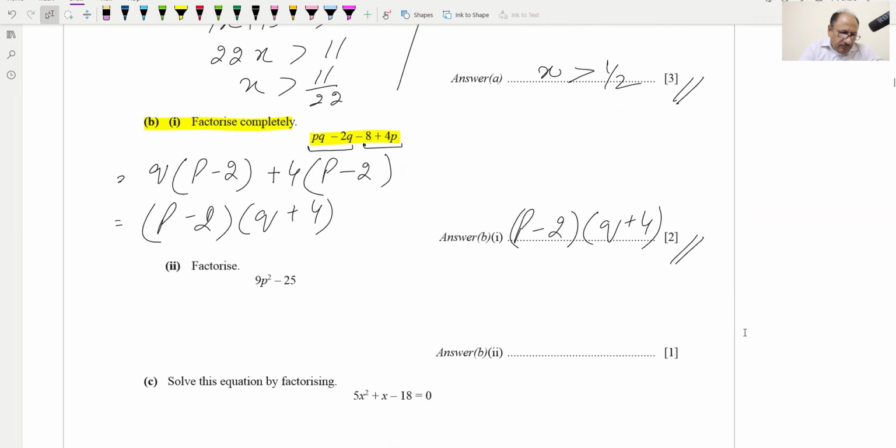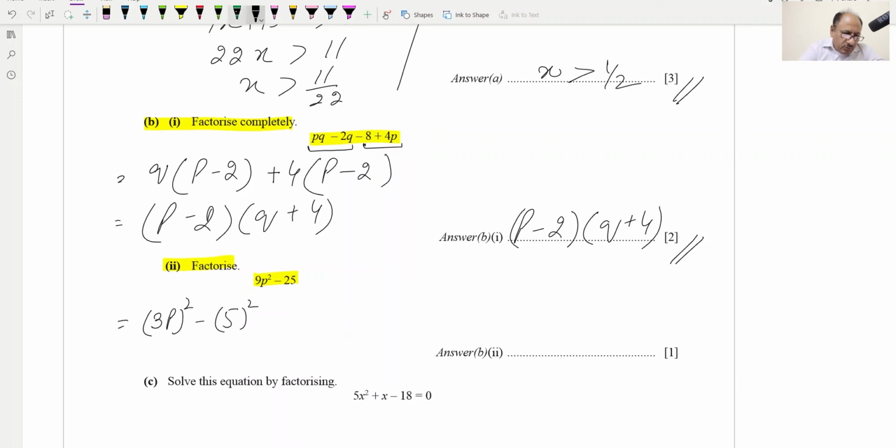Now the second part, factorize. We have to factorize this, and for this one we can rewrite it as 3p whole squared, and 25 can be written as 5 squared.